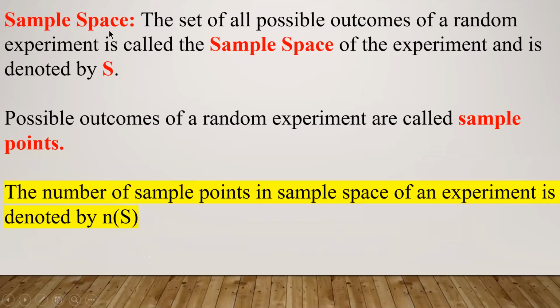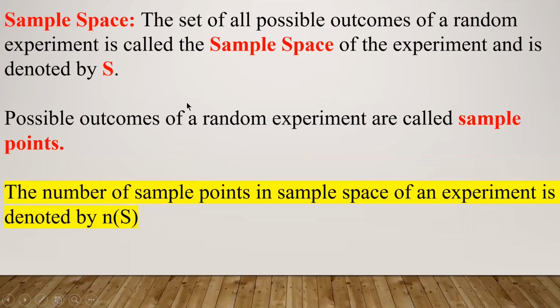Now, what is the meaning of sample space? See, though we see that the outcome of a random experiment is not fixed, definitely we can find out what all the possible outcomes of the experiment are. So the collection or set of all possible outcomes of a random experiment is given a name, which is called a sample space, and it is denoted by capital S. So what is sample space?